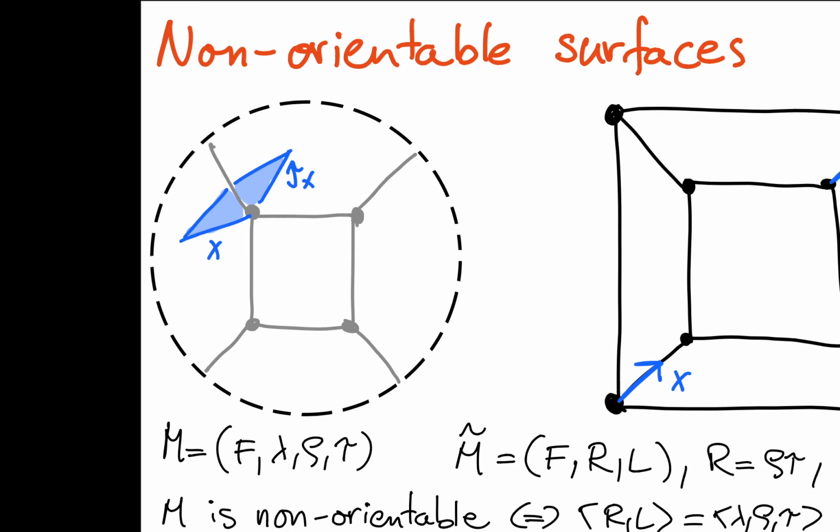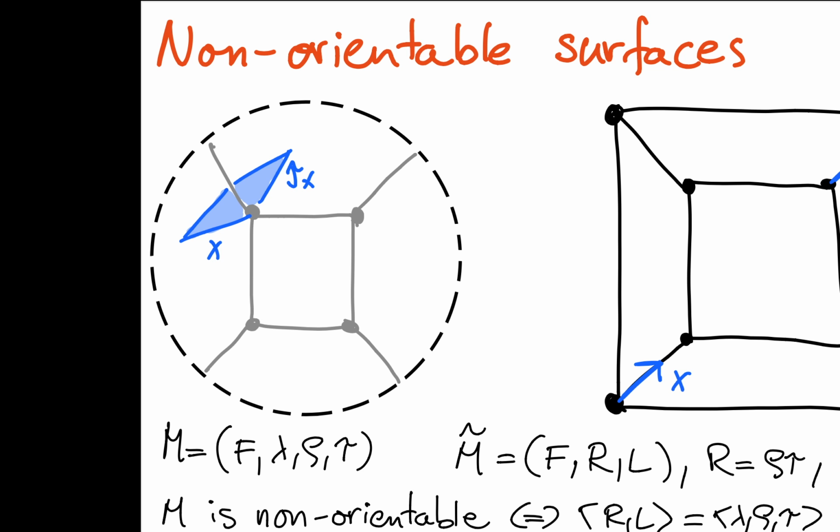So we make use of so-called antipodal double cover. So for example, sphere is an antipodal double cover of a projective plane. Torus is an antipodal double cover of the Klein bottle, and so on.